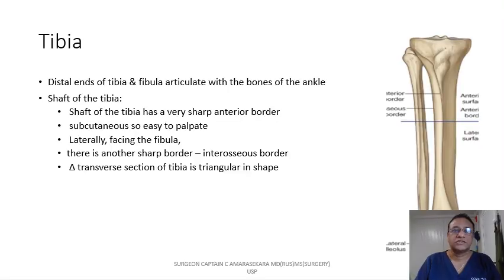Okay, let's take a closer look at the tibia, one of the key weight-bearing bones of the lower limb. This slide outlines its anatomical features with emphasis on the shaft and distal articulation points.